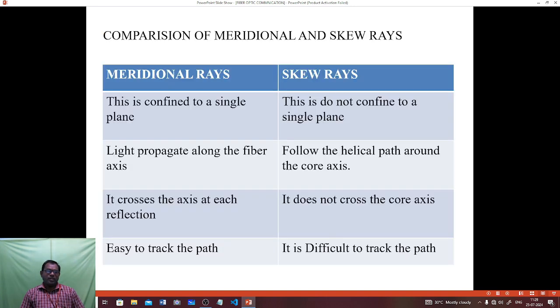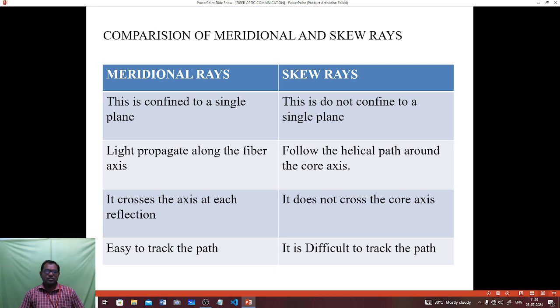So this is the difference between meridional ray and skew ray. The meridional ray is confined to a single plane, but the skew ray does not confine to a single plane. Meridional rays propagate along the fiber axis, while skew rays follow a helical path around the core axis.